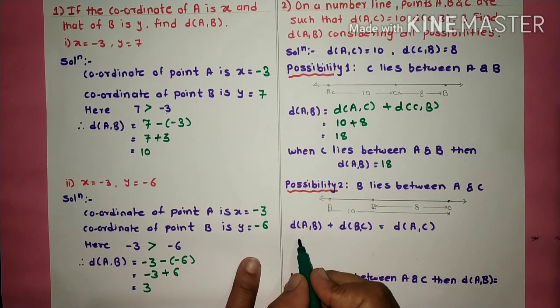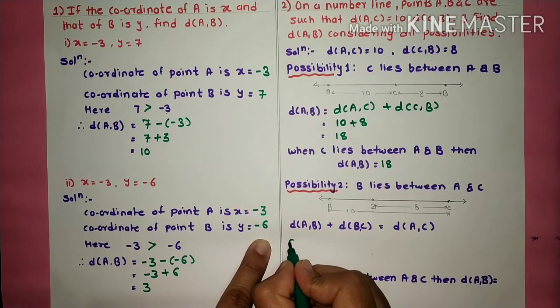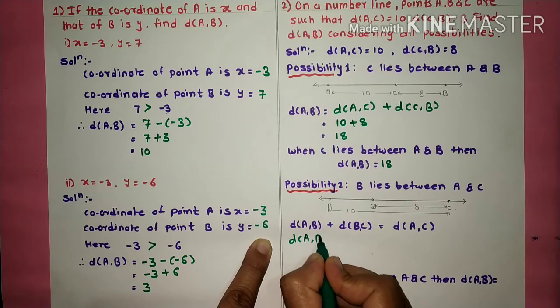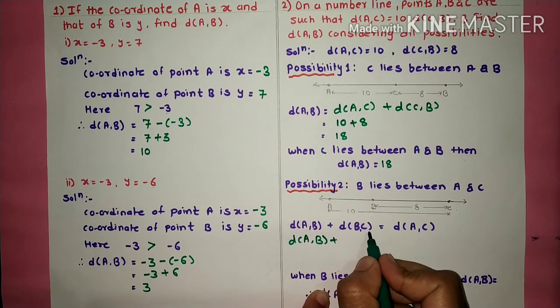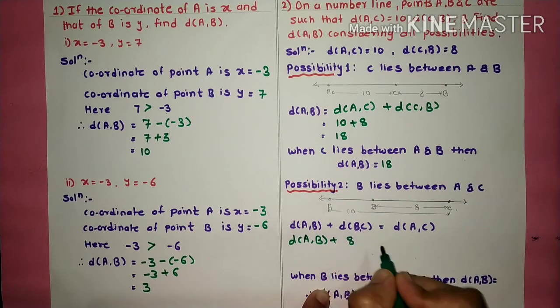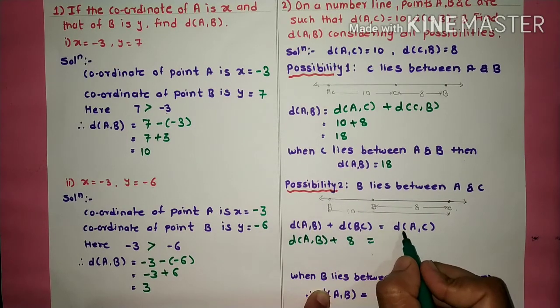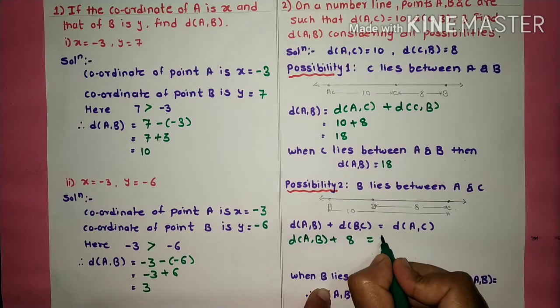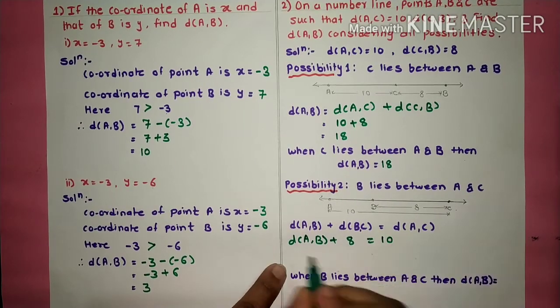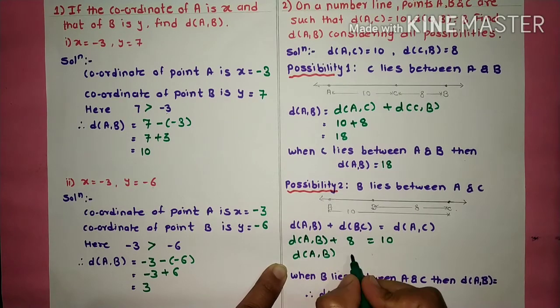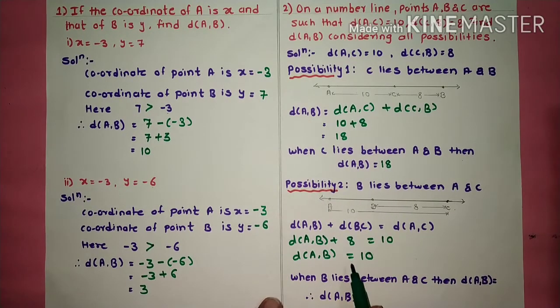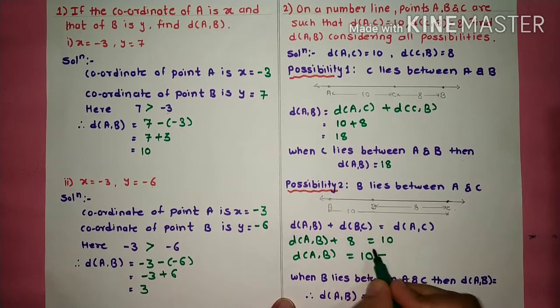Then substitute values. Distance AB plus distance BC is 8, equal to distance AC is 10. We have to find distance AB. Write down distance AB as it is, equal to 10 minus 8.